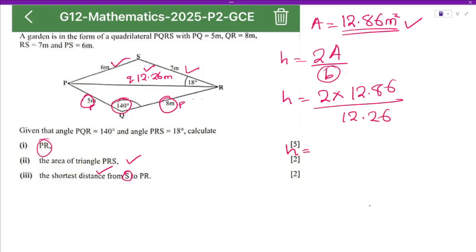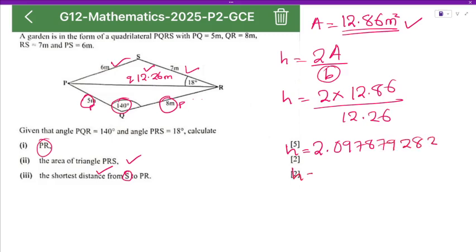Height is going to be equal to, you punch those values in your calculator, 2 times 12.86. Press equals, and then you say divided by 12.26. What does that give you? Gives you 2.0978282.